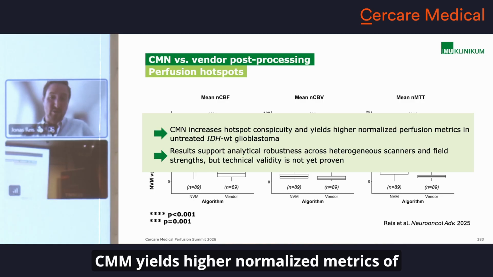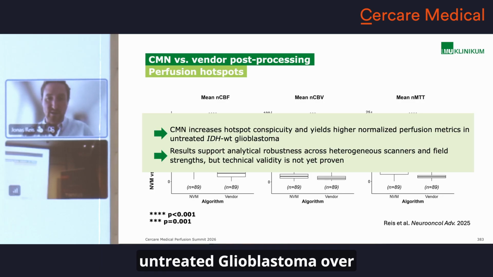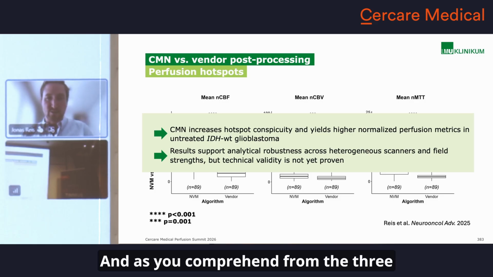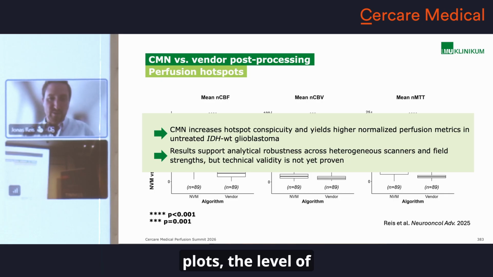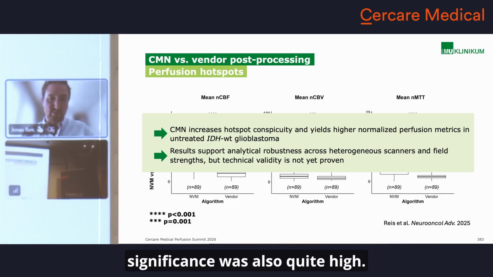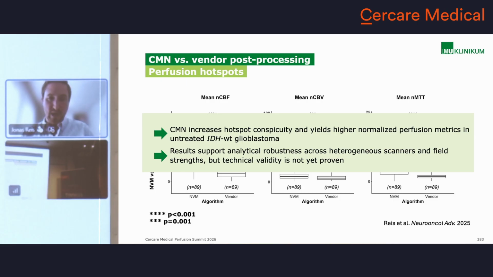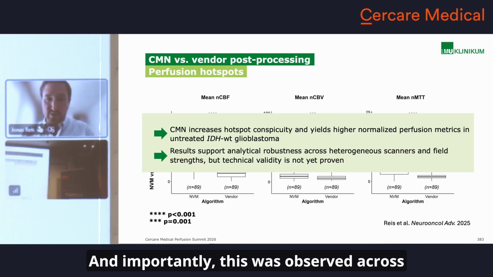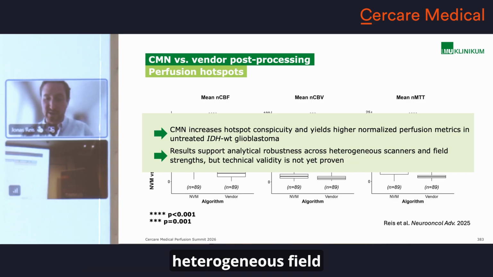CMN yields higher normalized metrics of perfusion hotspots in untreated glioblastoma over all three metrics. As you can see from the three plots, the level of significance was also quite high. And importantly, this was observed across heterogeneous field strengths and different scanners.